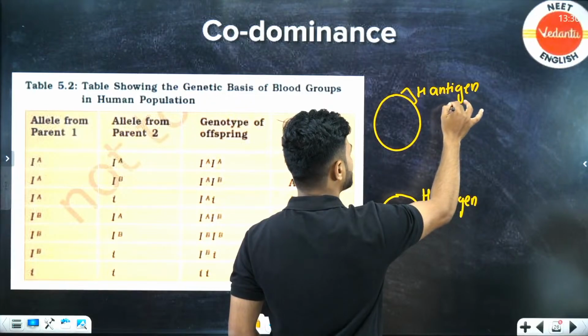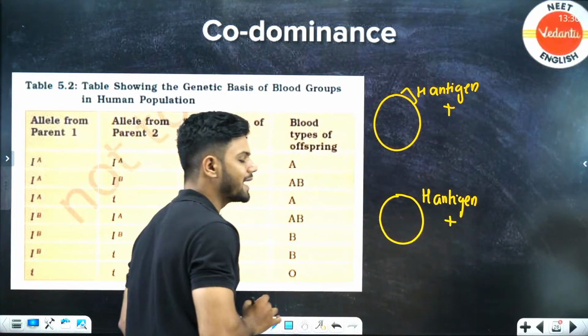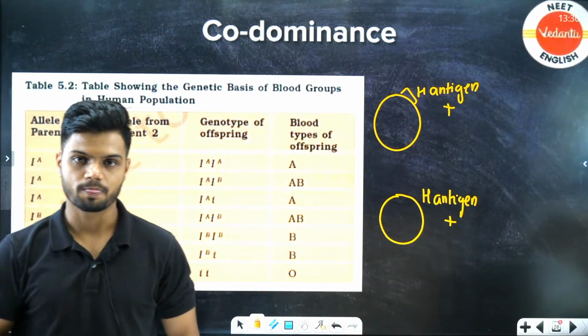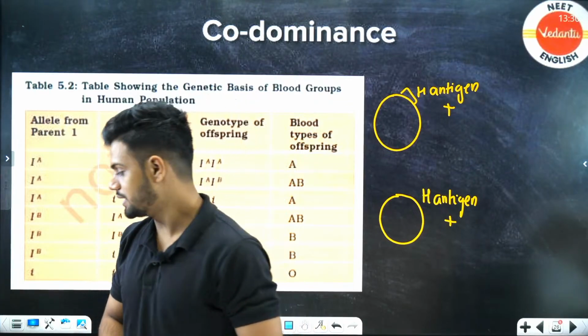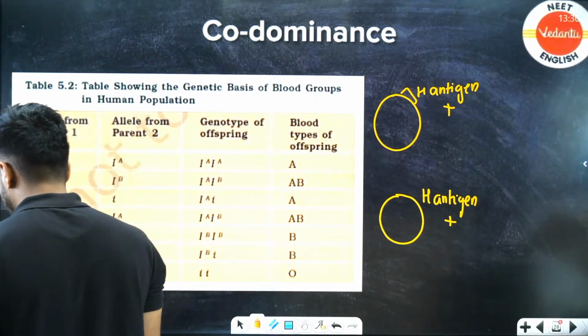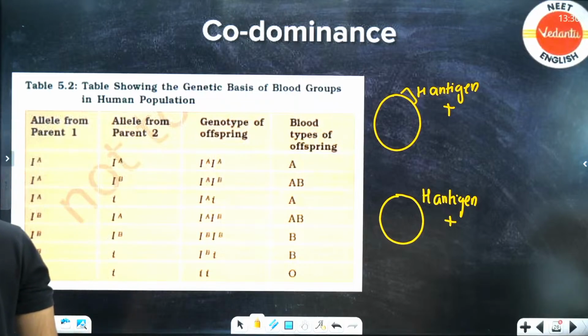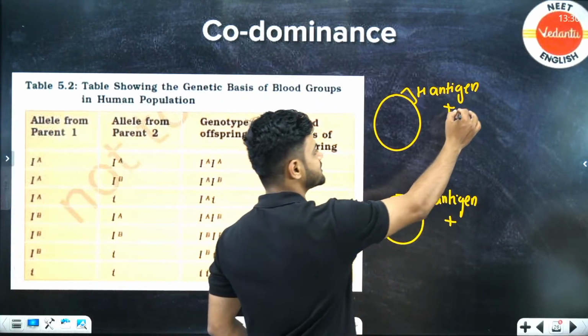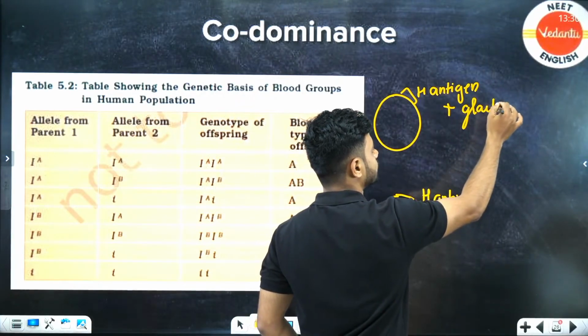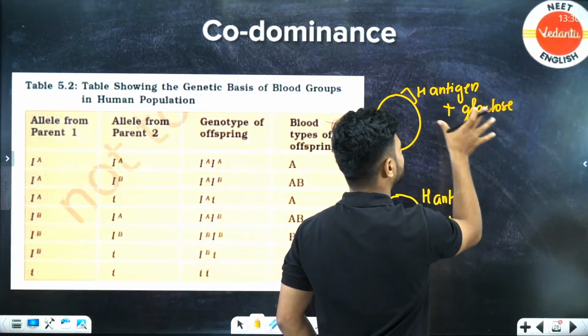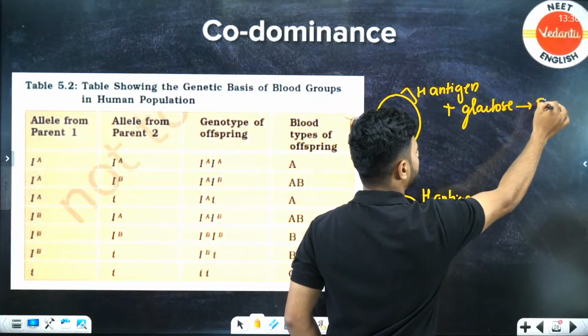Now along with this H antigen, there is a sugar molecule. The first type of sugar is galactose in the case of your B blood group. When the galactose is present along with H antigen, it becomes B blood group.